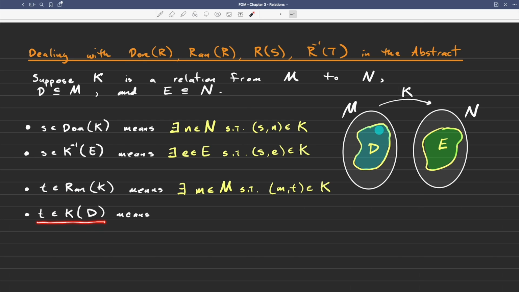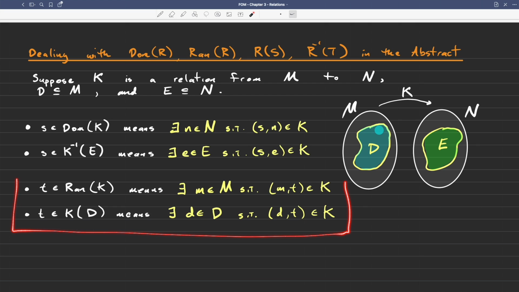Next, let's talk about what it means to say little t is in the image of D. So this t is in K of D. So again, this means t is a second component, but it means that the thing that t is paired up with as a second component comes from the set D. So this means there exists some, let's call it little d in big D, such that (d, t) is in K. So again, notice how range and image are very similar.